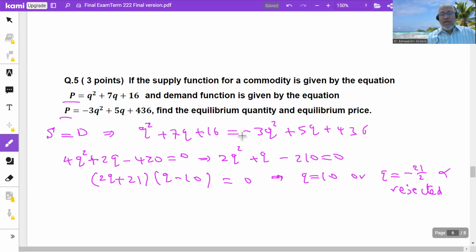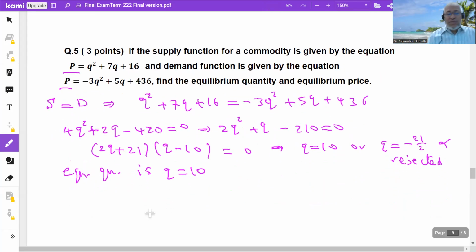So the question, find the equilibrium quantity. So equilibrium quantity is 10. Well, what is the equilibrium price? I put it either in the demand or in the supply. I should get the same answer. If you put it in the supply, for example, then Q squared is 100 plus 7 times 10, that's 70, plus 16, so 186.